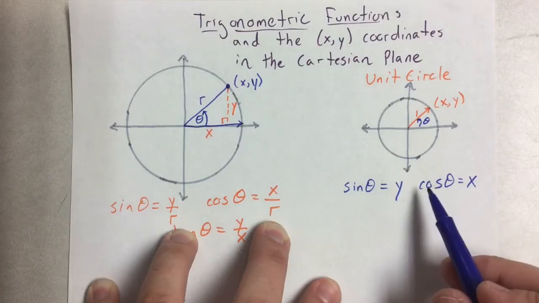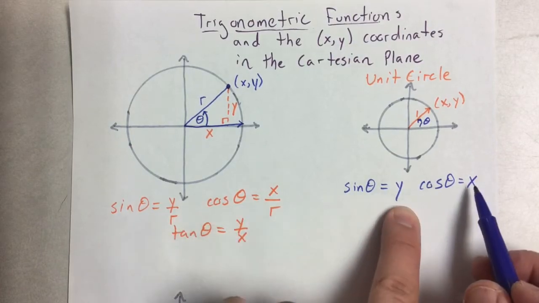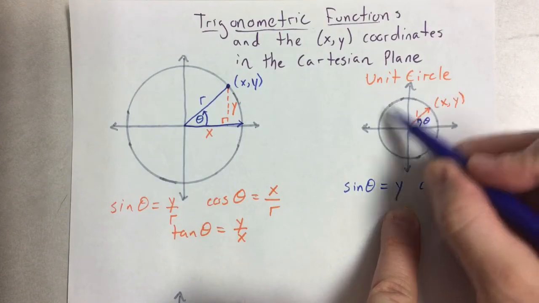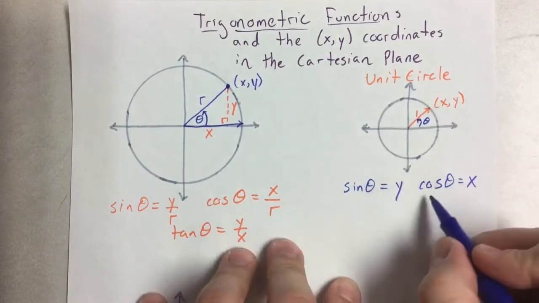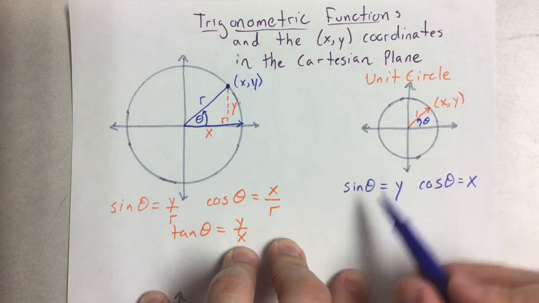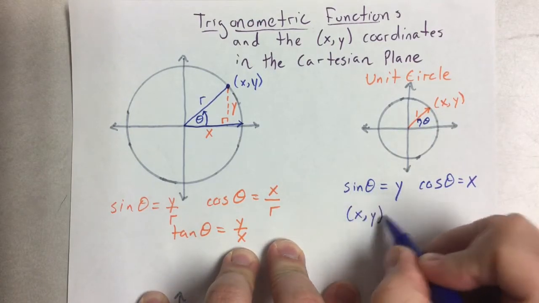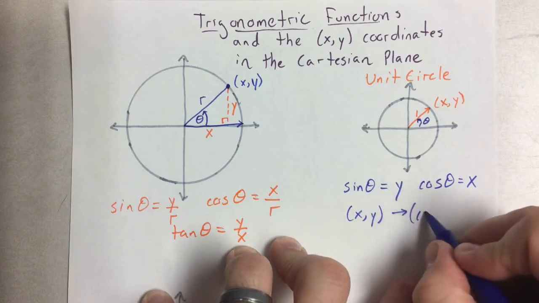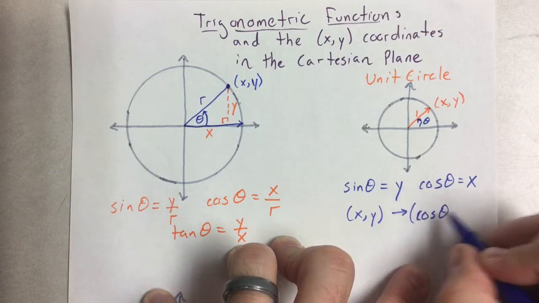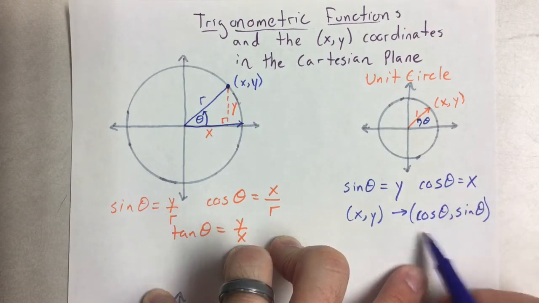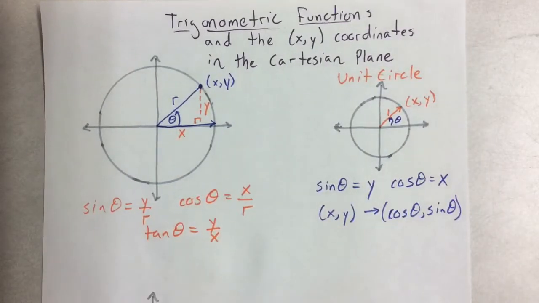That might not seem much to you right now, but with a unit circle, the x coordinates are going to be cosine of theta, the y coordinates are going to be sine of theta. So I could rewrite x comma y, we can simply view it as cosine of theta comma sine of theta. And we're going to touch more on this later on.